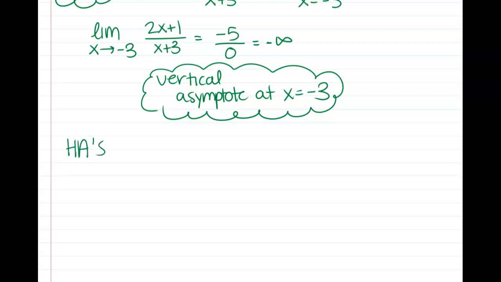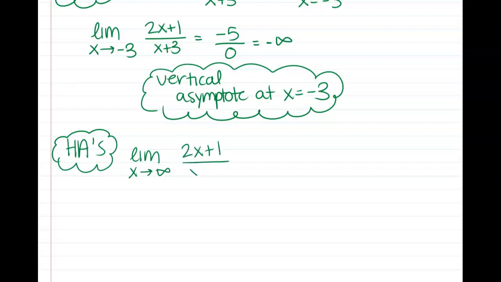Now for the horizontal asymptote, or the HA, I guess, huh? Now we'll look at the limit as x approaches infinity of our simplified function. You could have used the original function. They'll both have the same result. So the limit as x approaches infinity of 2x plus 1 over x plus 3. So we're really just going to look at our leading terms. So the limit as x approaches infinity of 2x over x.